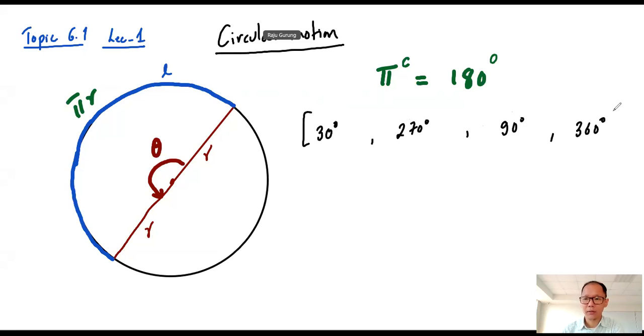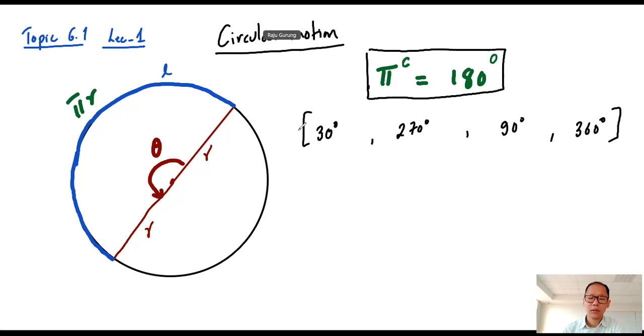If these are the angles in degrees, what is their radian counterpart? Now, we use the definition that relates the radian with the degree. We know this definition is true because we just derived it.